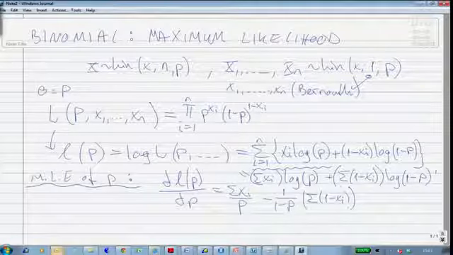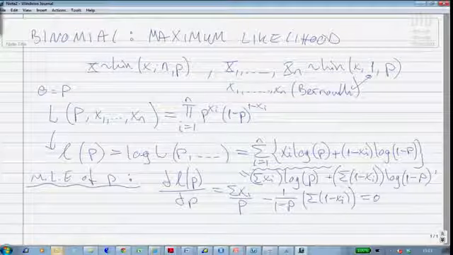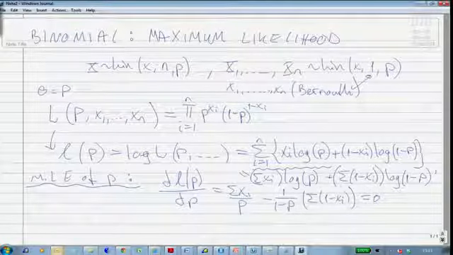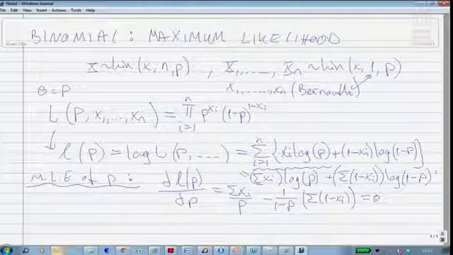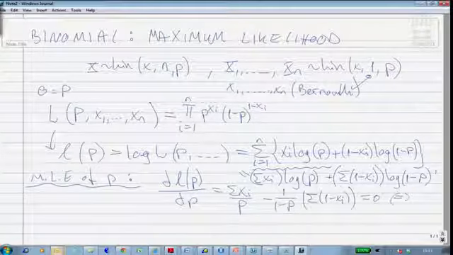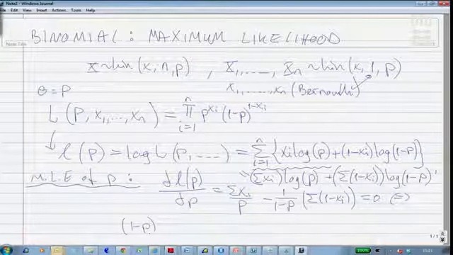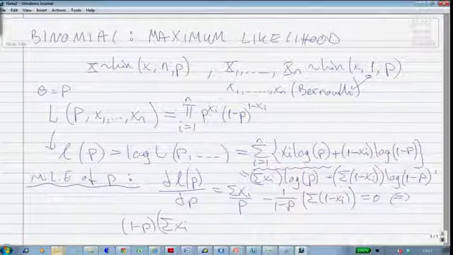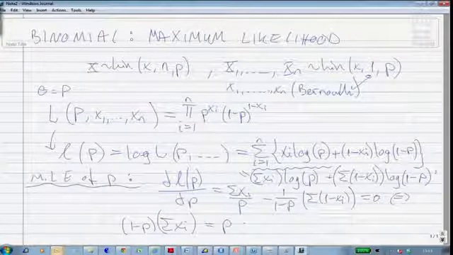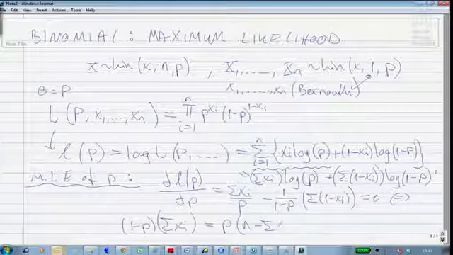Then to maximize a function, you take the derivative and set it equal to 0. That's the classical optimization in mathematics. And you try to solve for p. Let's see if we can solve for p in this one. If we do a bit of calculation, we see that 1 minus p times the sum of xi is equal to p times the sum of, I say n minus the sum of xi.